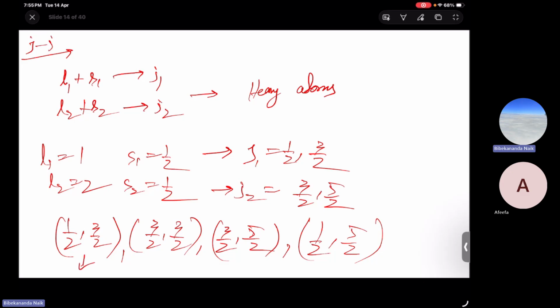Also, if you see, this will give you another total J value: it will be 1, 2, then 0, 1, 2, 3, then 1, 2, 3, 4, and it will give 2 and 3.